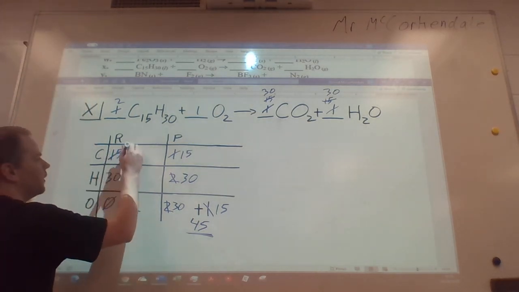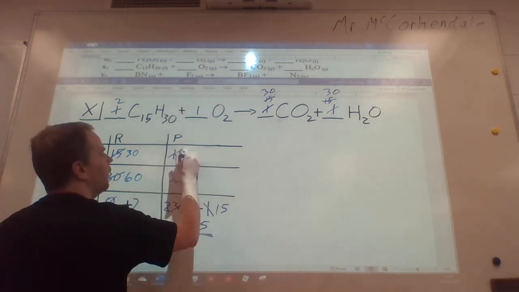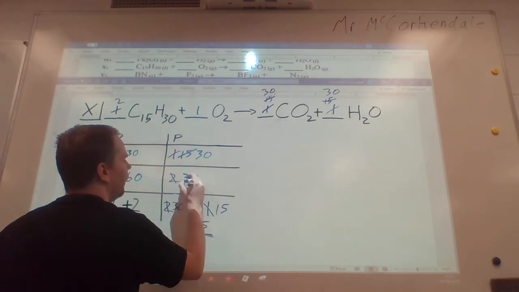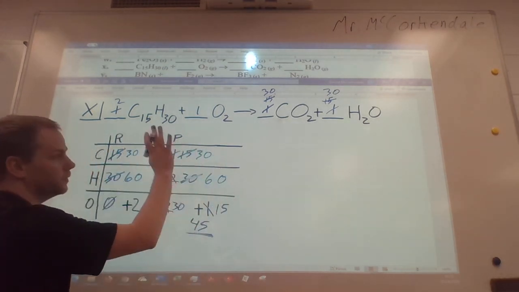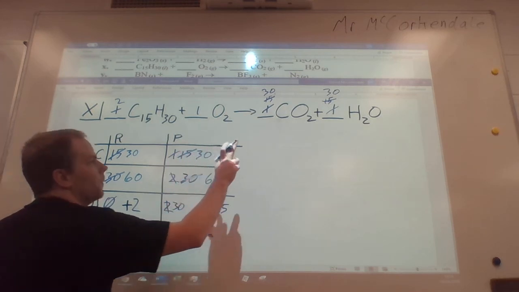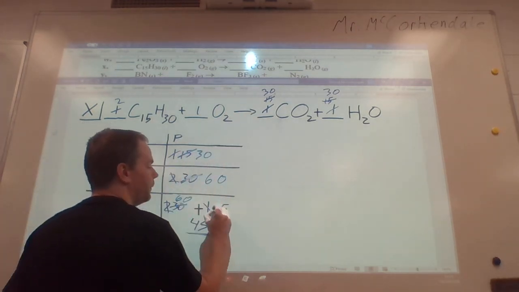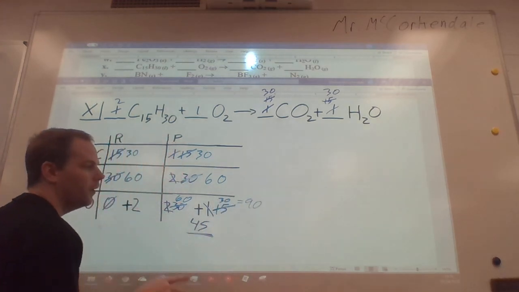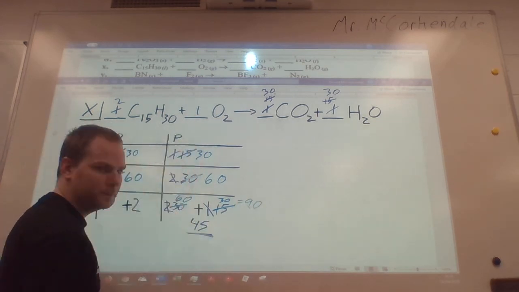So this becomes 30, this becomes 60, this also becomes 30 because we doubled it here, and this becomes 60. So our carbon and hydrogen are still fine. Now oxygen is going to become 60 plus 30, which is 90. Now that's a nice even number. We can get 90 right here.